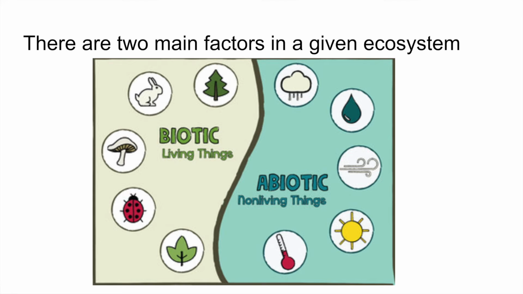Here's an image of some examples that I have found. We have a tree that's living, it's on the biotic side. Insects, fungi, animals, they're all biotic, they're all living. Examples of abiotic factors are things like weather, rain, wind, sun, temperature. Even things that are part of the landscape, like rocks. They're not living, but they're important to the ecosystem.